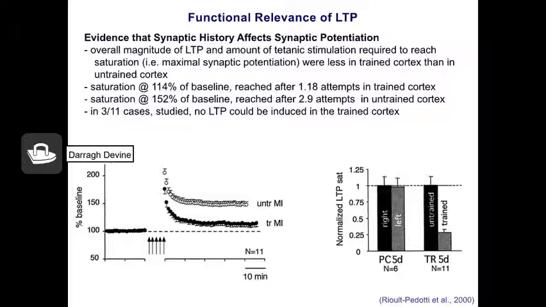I want you to note that the data reported on the graphs on the previous slide represented responding to the electrophysiological manipulations in a single rat cortex. And in fact, it was a thoroughly rare case in which the behavioral training resulted in a complete saturation or a complete inability to induce any potentiation.